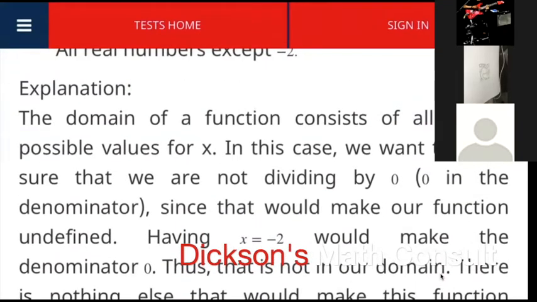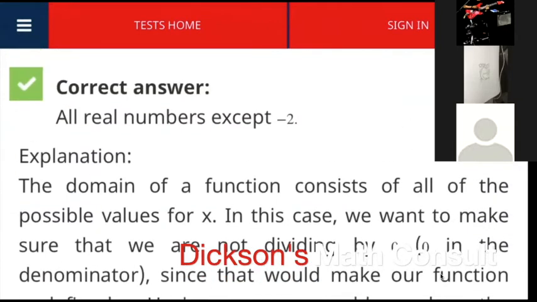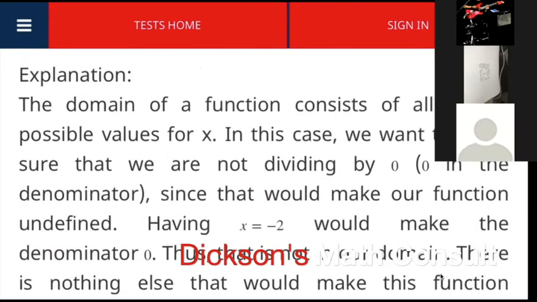Now the range sometimes is the same as the domain, but the codomain differs in mapping. So range is something like a domain. Now let me give you this explanation. The domain of a function consists of all of the possible values of x. In this case, we want to make sure that we are not dividing by 0, just as I said.